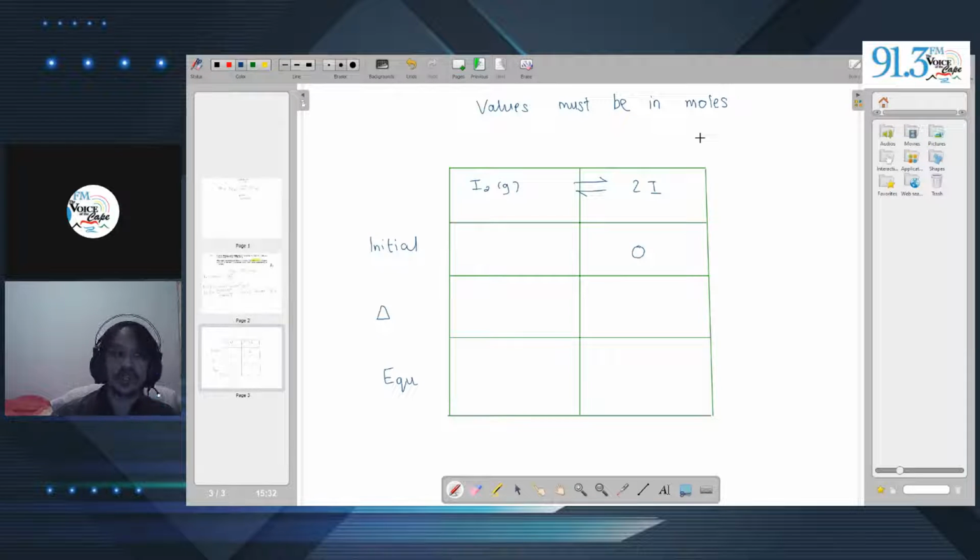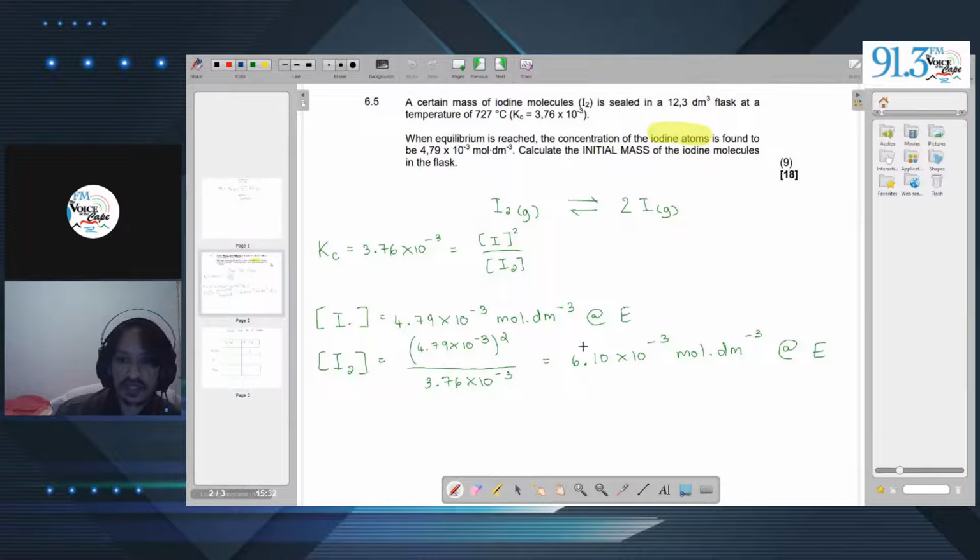But when you're calculating for Kc, you have to convert those values to concentration. Now, they did give us a piece of information that will allow us to convert these values into moles, and that is the fact that we are working in a 12.3 decimeter cubed flask.